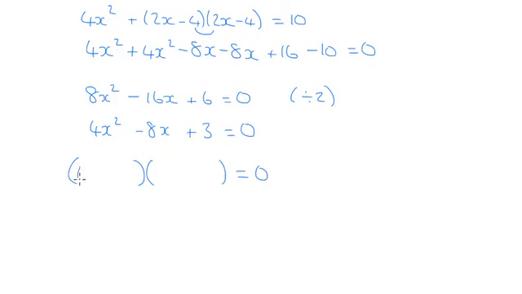We've got two options. To start with, it's either going to be a 4x and an x, or a 2x and a 2x. I'm just going to try the 4x and the x first, to see what we get. Now if I put my 3 here and my 1 here, which it's got to be, because 3 is prime, so it can only be 3 times 1, that's going to give me 12 x's.